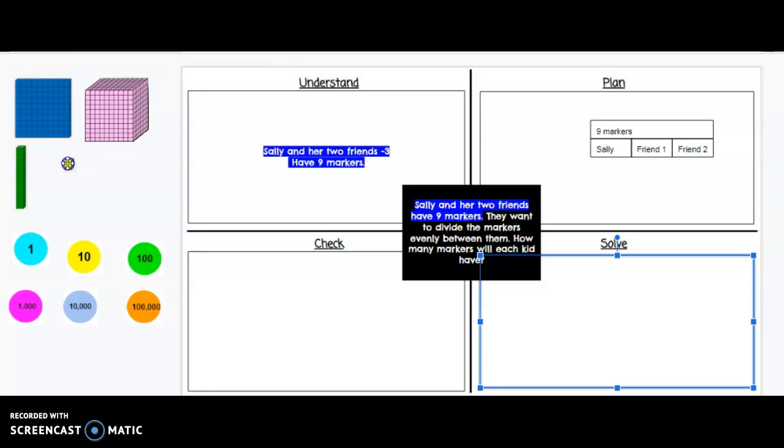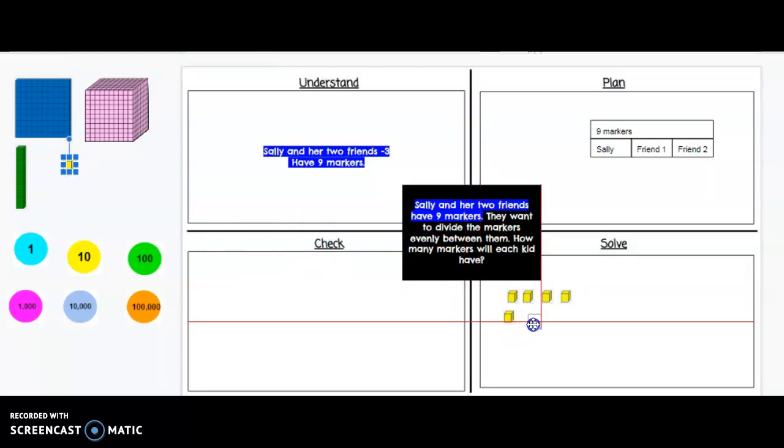So we could show this by dragging our 1s over here. 1, 2, 3, 4, 5, 6, 7, 8, 9.